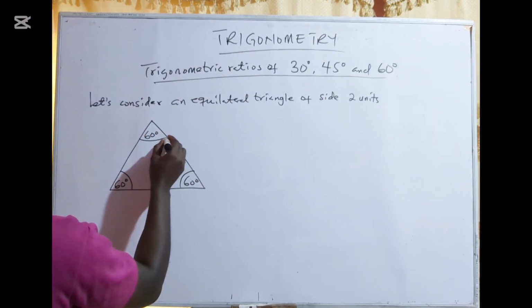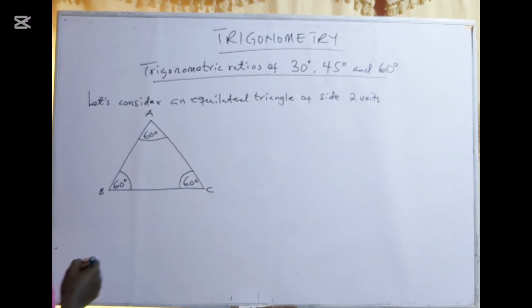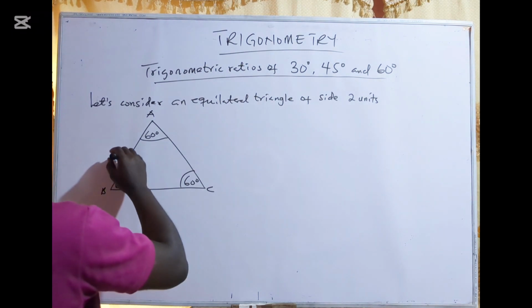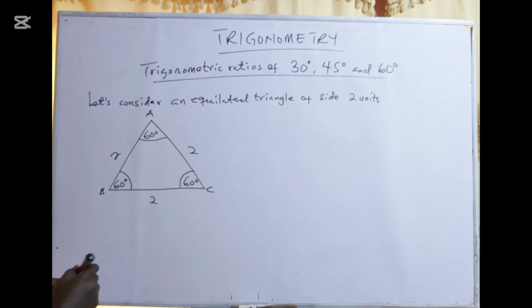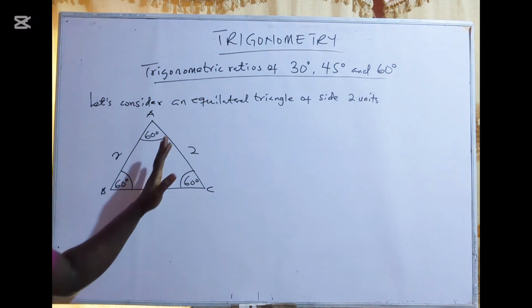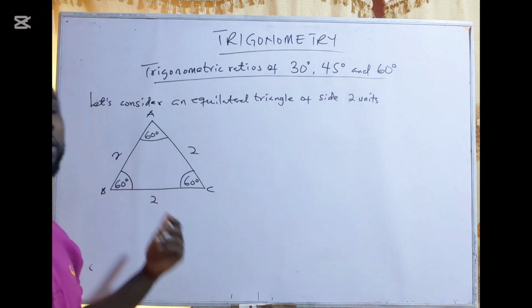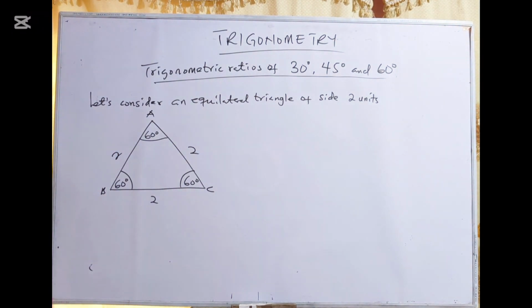So let's say A, B, C, D. And the outside sides are 2 units, so 2, and here is 2, and here is 2. All the sides are the same, and if you want to apply SOHCAHTOA, we have to get a right angle triangle.